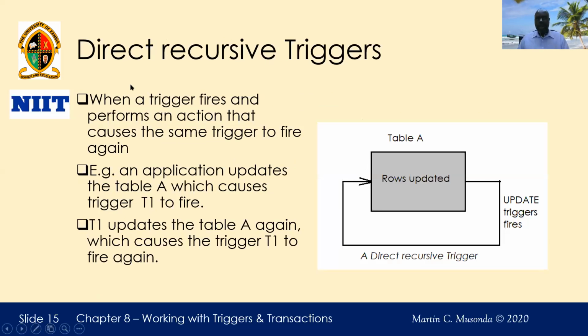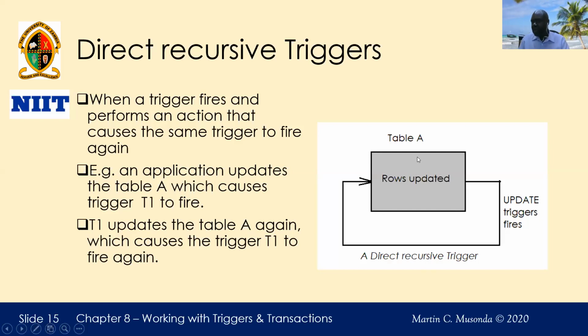Okay. The direct recursive triggers, when a trigger fires and performs an action that causes the same trigger to fire again. In other words, you have defined a trigger here to be fired when there is an update on a table. So when you update a row on this table A, this trigger is going to be executed, and in the process, this trigger is going to make some changes to this same table.